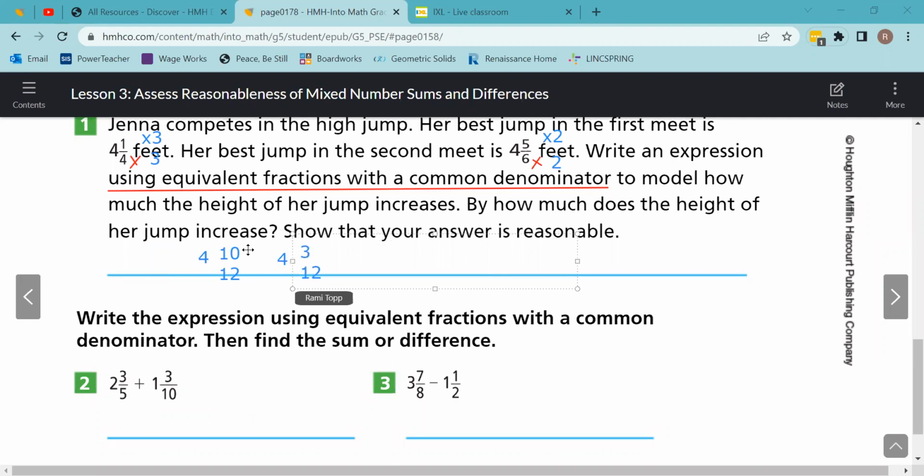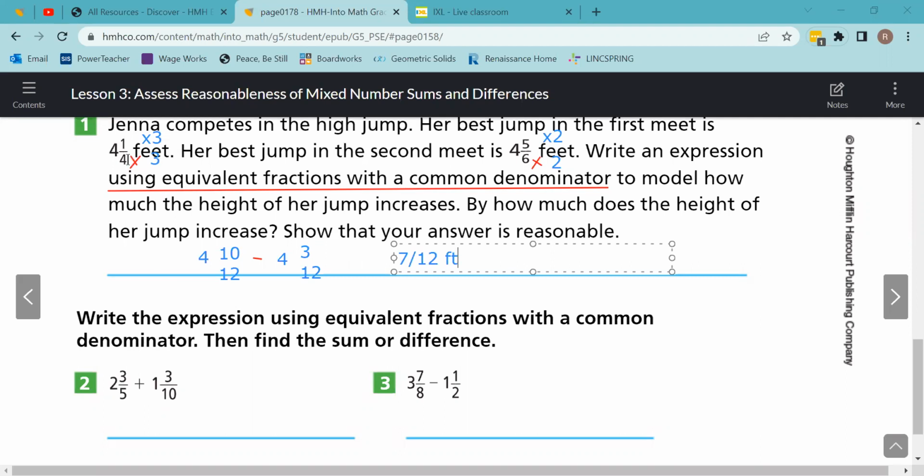Well, to figure out the difference, we need to subtract these. We have 10/12 minus 3/12. 10 minus 3 is 7. It's still out of 12. 4 minus 4 is nothing. So 7/12 of a foot. That's the increase.